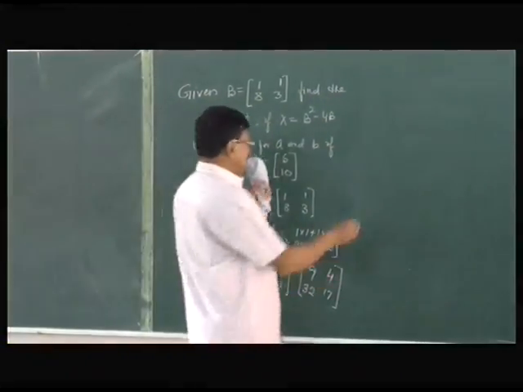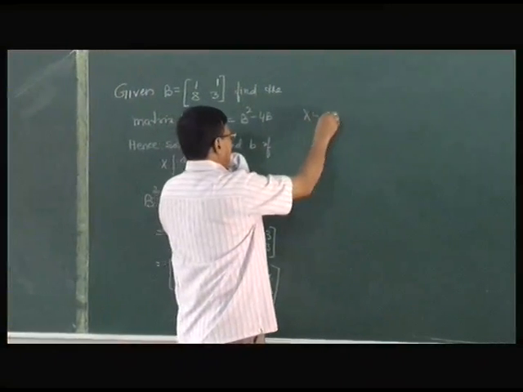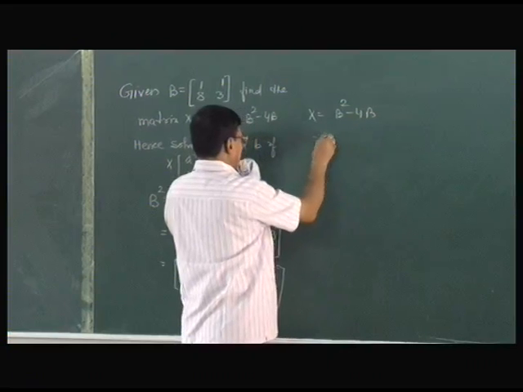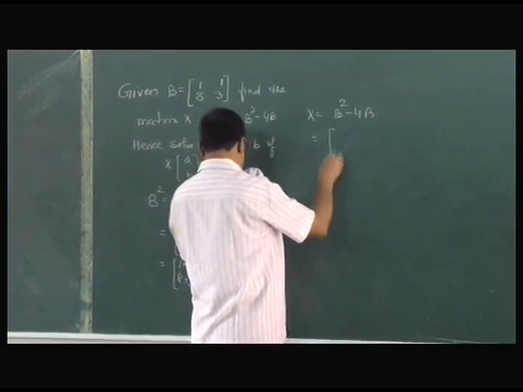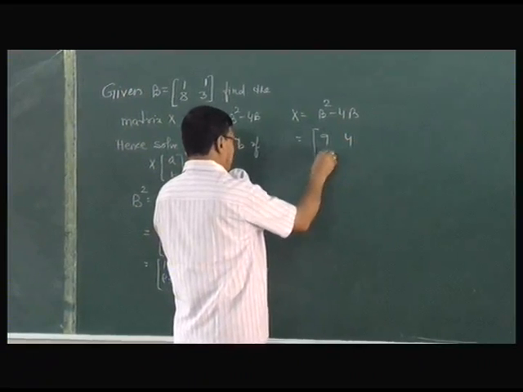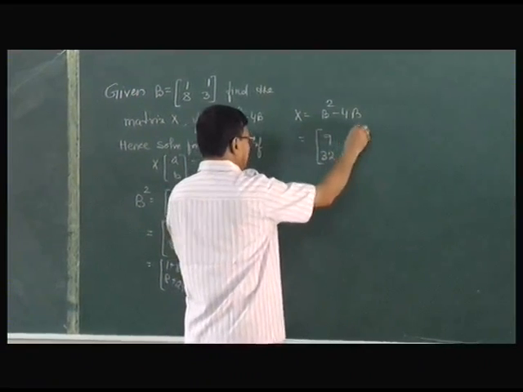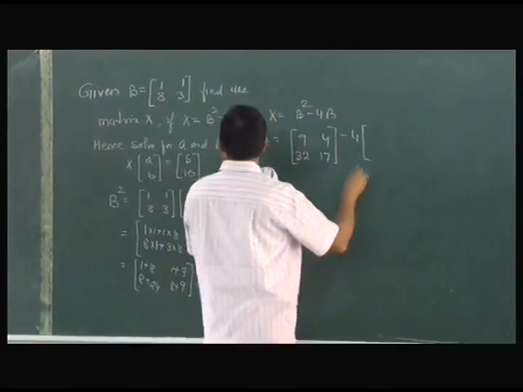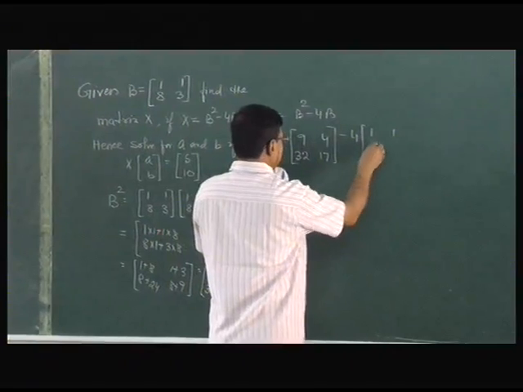It says X is B square minus 4B. So B square we got as 9, 4, 32, 17, minus 4 into B is 1183.